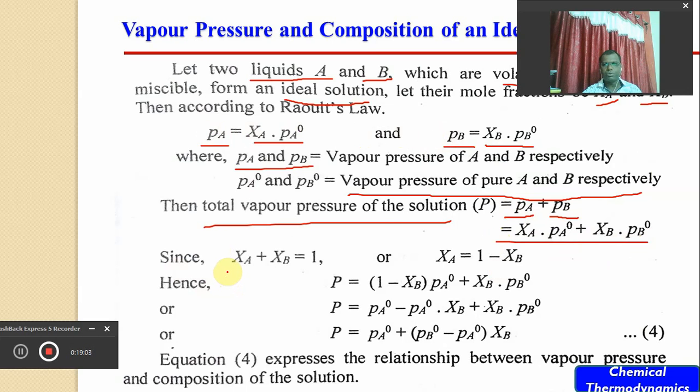Here we are going to talk about a binary solution, and we consider the solution containing two liquids, liquid A and liquid B. That's why the sum of the mole fraction of liquid A and the mole fraction of liquid B will always be equal to 1.